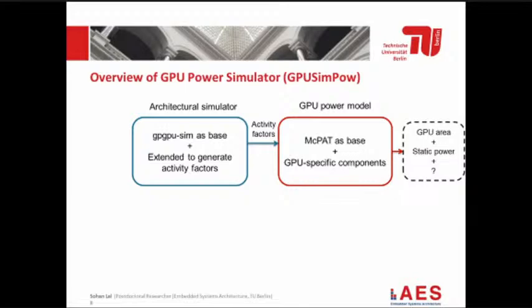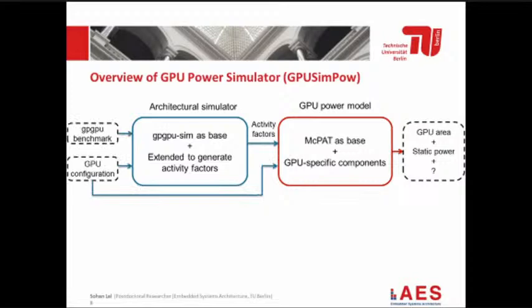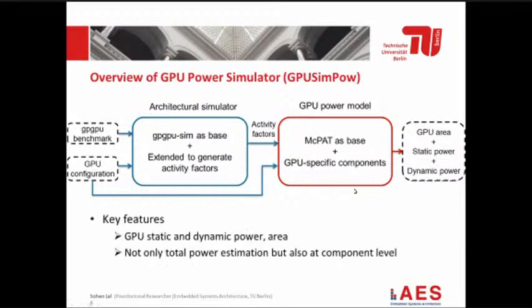Then we put these two together. The whole infrastructure requires a GPU benchmark, the application whose power you want to estimate, and the GPU configuration, for which GPU you want to estimate the power consumption. Once you have that, you can also get the dynamic power. So the GPU area, static power, and dynamic power, you can estimate all of them. The key features of the power simulator that we developed are that it provides an estimate of the static power, the dynamic power, as well as the area.